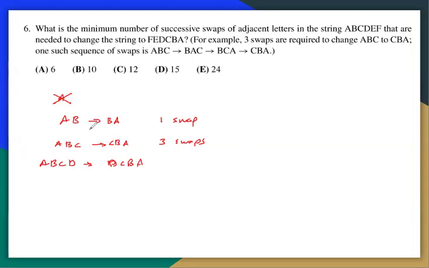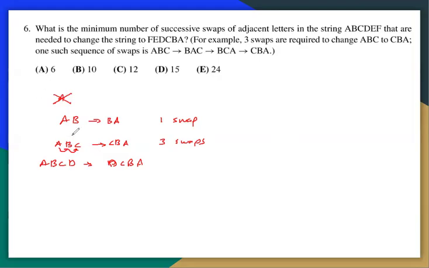But in the first one, to get this BA, we have to take this A and move it 1 unit to the right, which was enough because when you move this, that will move that way, then we are good. But for the second one, we need to move A 1 to the right, but it wasn't enough. We need that 1 more time, which means A has to move to the right twice.